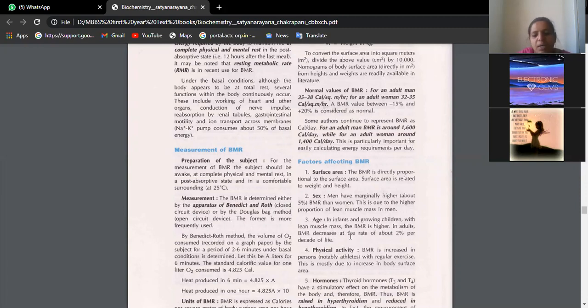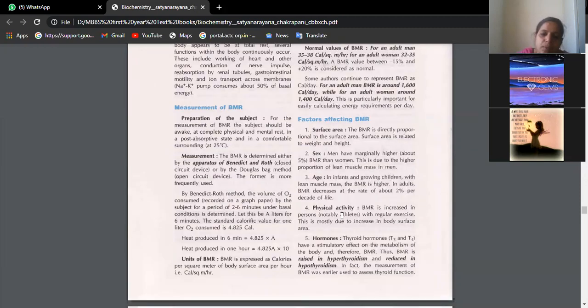In adults, BMR decreases at a rate of 2% per decade of life. In small children, if you remember, they have brown adipose tissue, which will be producing more and more heat, no, that's why they are more tolerant to winter seasons when you compare with adults. Physical activity: the more we do physical activity, the more is the expenditure of energy, the more is the production of heat. That's why BMR is also high.